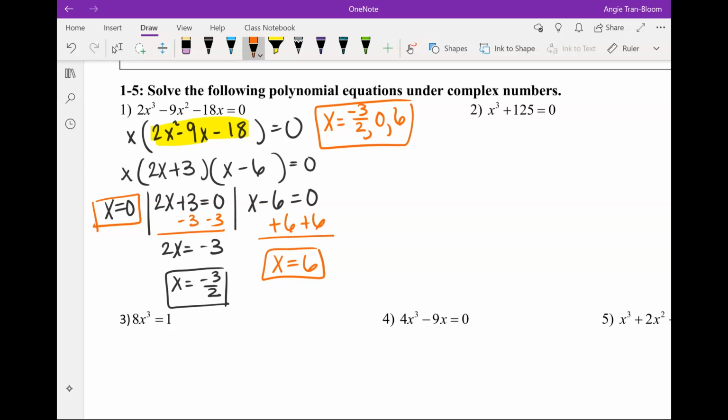Right, number 2, here we go. How do we solve? What's the first step? Is it cube it? Or do we factor? Do we factor first? We have to factor first. Is that the sum or difference of 2 cubes? Yeah.